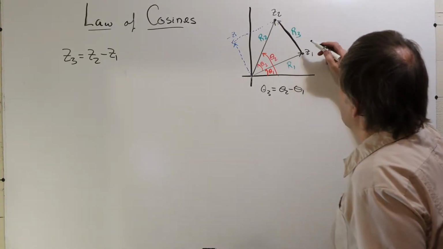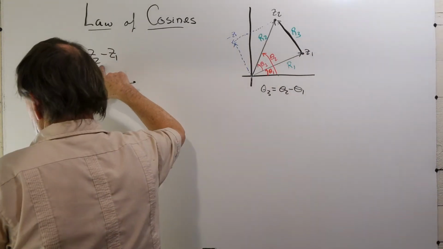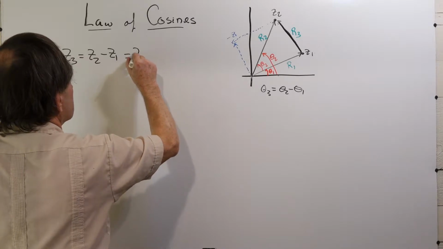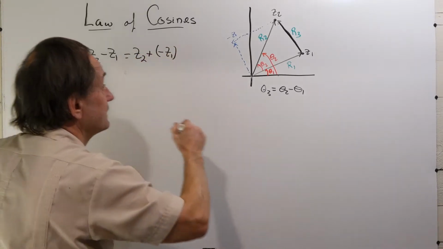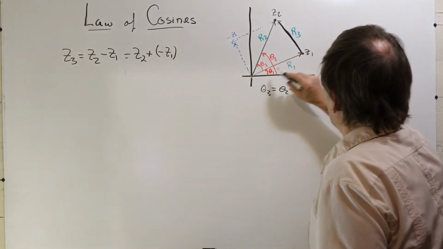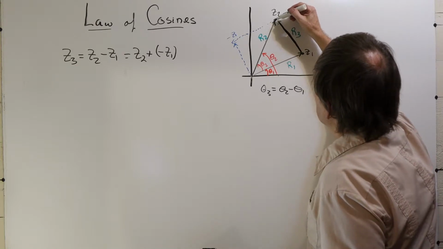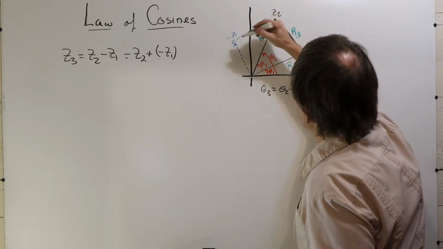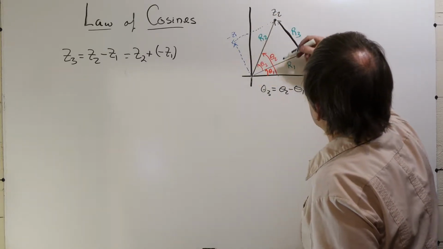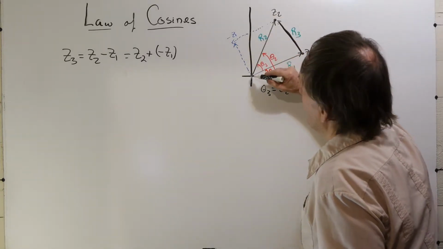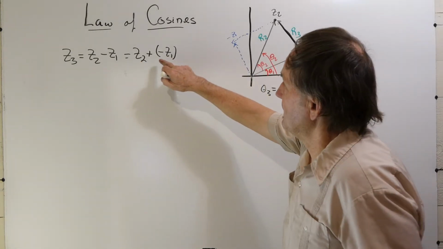We can see that by writing this as Z2 plus a minus Z1. If Z1 goes from the origin to Z1, then minus Z1 is the same length, but in the opposite direction, parallel.